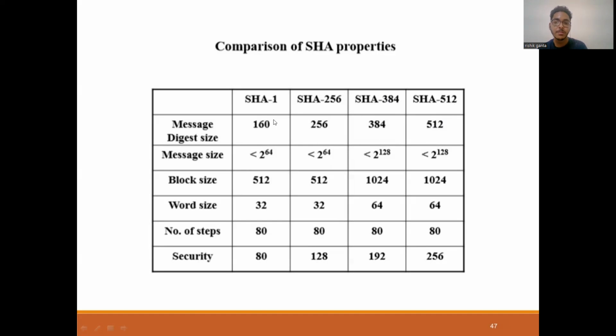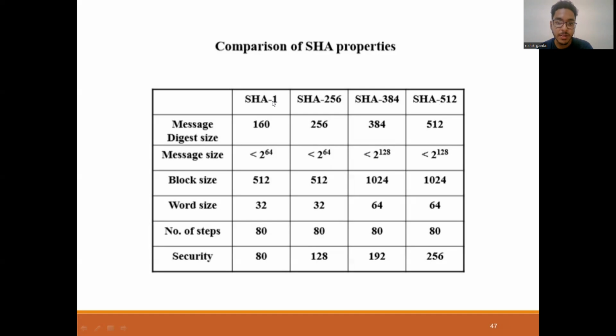The message size should be less than 2^64 for SHA-1. It should also be less than 2^64 for SHA-256, less than 2^128 for SHA-384, and less than 2^128 for SHA-512.